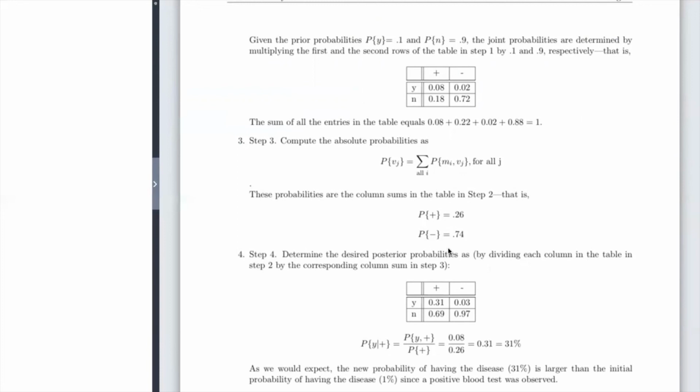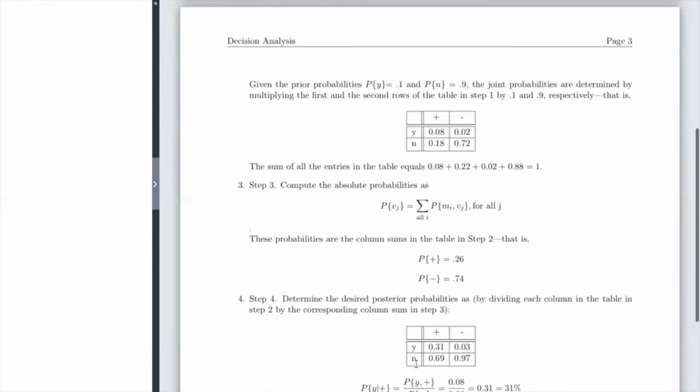So to find the probability that you have the disease, given that your test was positive, we need to divide the probability that you have the disease and it's positive by the probability that it is positive, which would give us 31%. So that is a much bigger probability than the given probability of 10% that we started with.